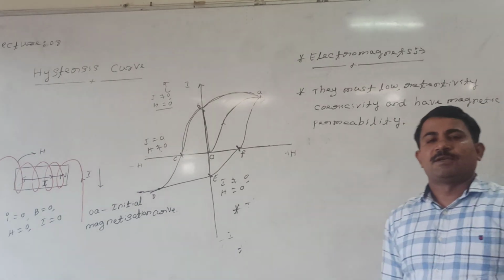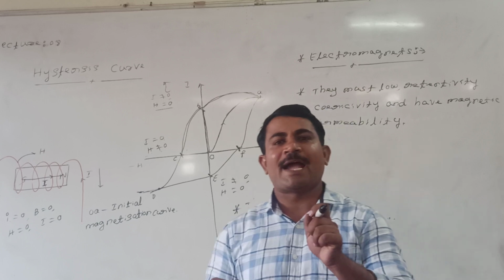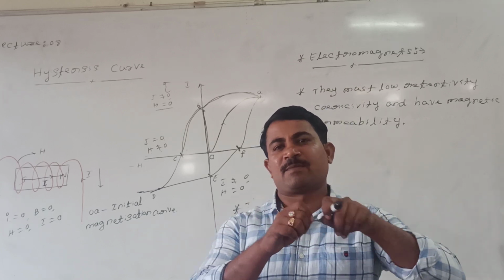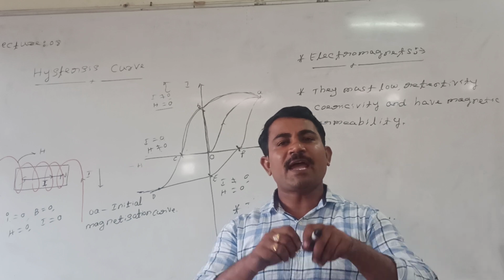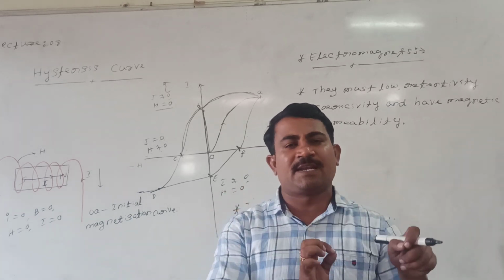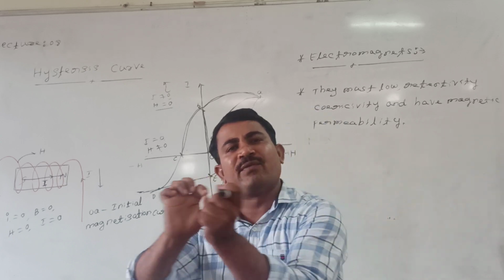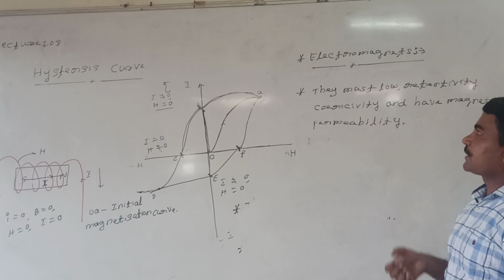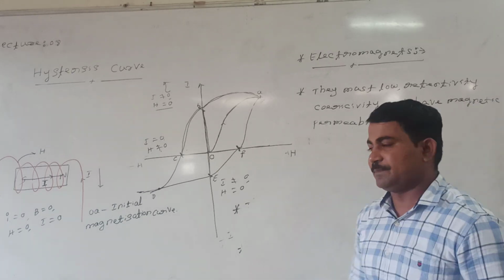If a soft iron is placed in a transformer core, it gets magnetized easily, it gets demagnetized easily, and a large number of magnetic field lines pass through it. So generally for electromagnets we take soft iron.